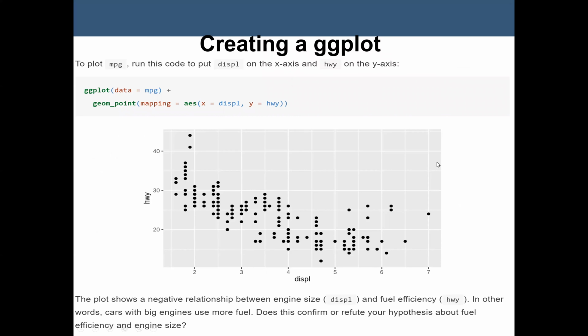So we can see here we have geom_point mapping, then aesthetic, where the size of the engine should be the X-axis, and the fuel efficiency on the highway should be the Y-axis, or vertical. Anytime we say X, we mean horizontal, Y means vertical.